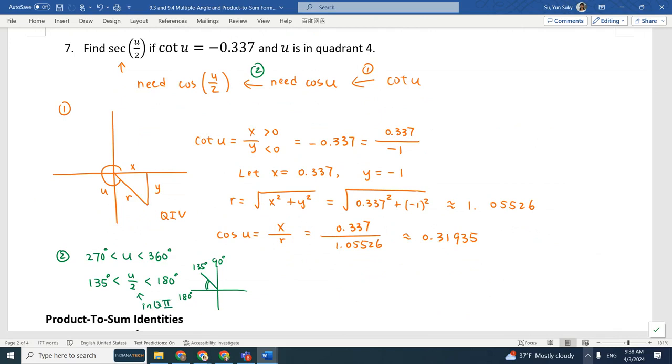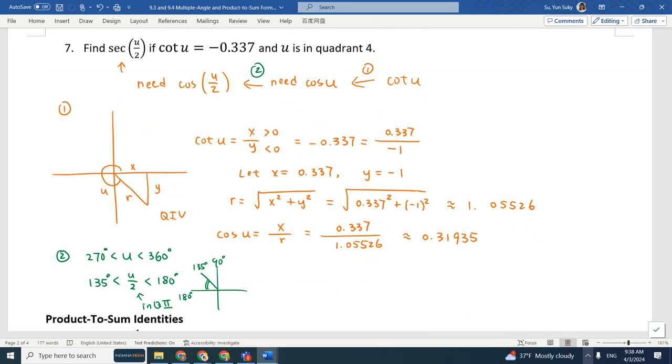So even though you only have information about u in quadrant 4, you can divide by 2 and figure out that u over 2 is actually in quadrant 2. Is that okay, everybody?